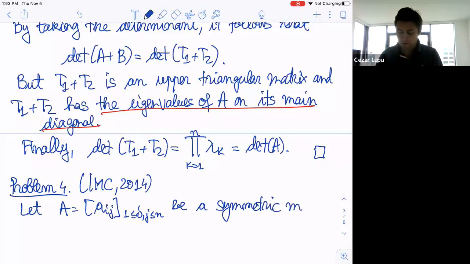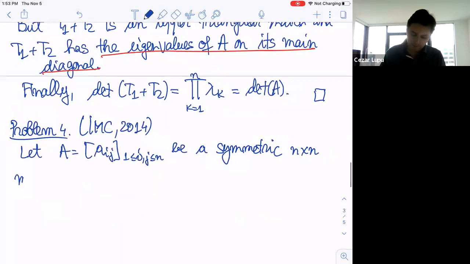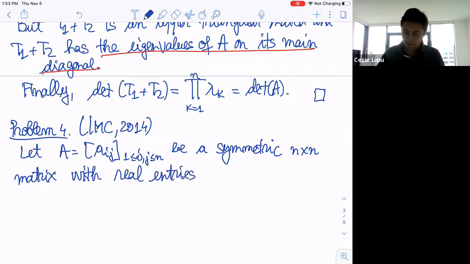Let A be a symmetric n by n matrix with real entries, and let lambda 1, lambda 2, ..., lambda n denote its eigenvalues.